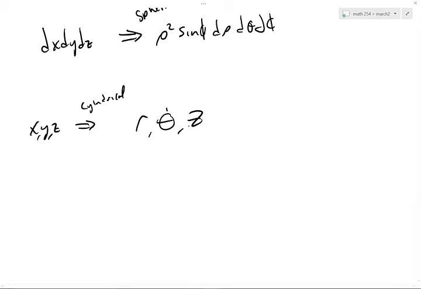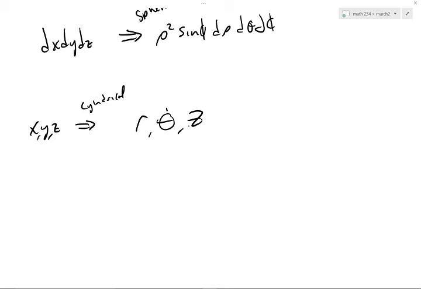No. If you were a betting man, what do you think the Jacobian here would be? Yeah, and r is the Jacobian there. It's just r. Because why? Because I'm just changing the x's and y's, aren't I? So it's the same Jacobian as in polar form, because I didn't change my z's at all.